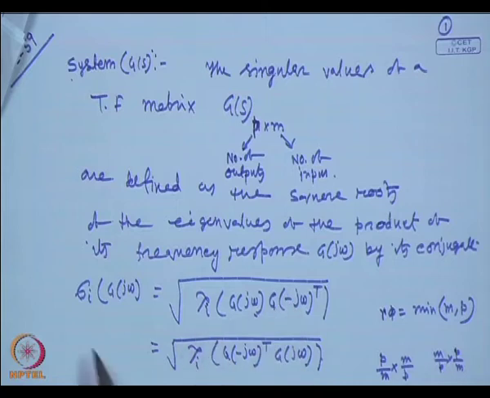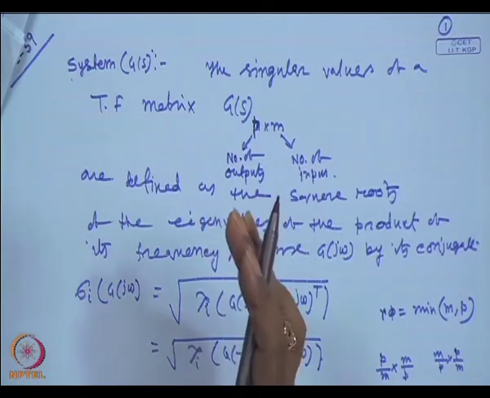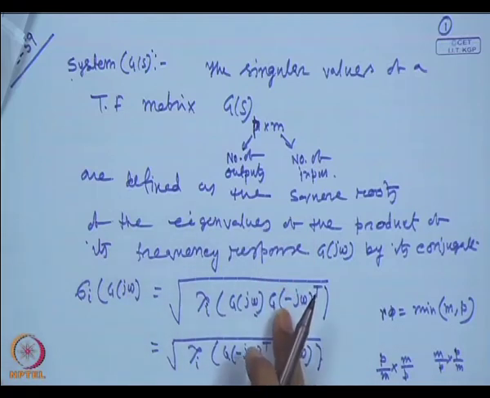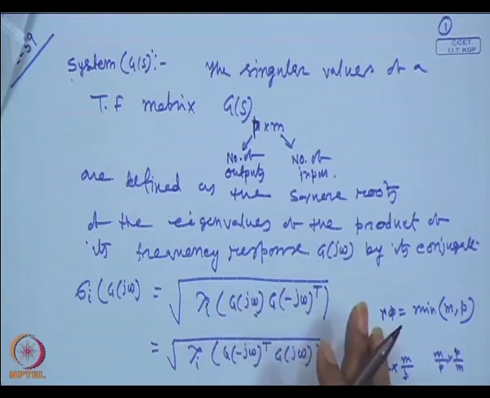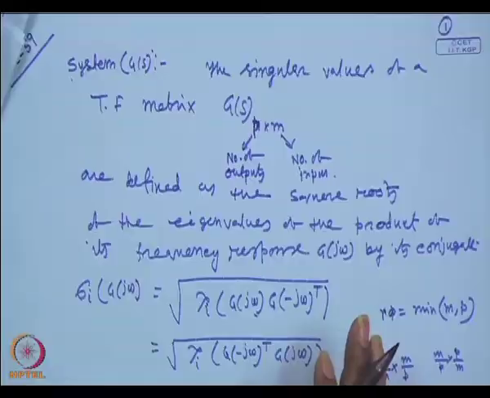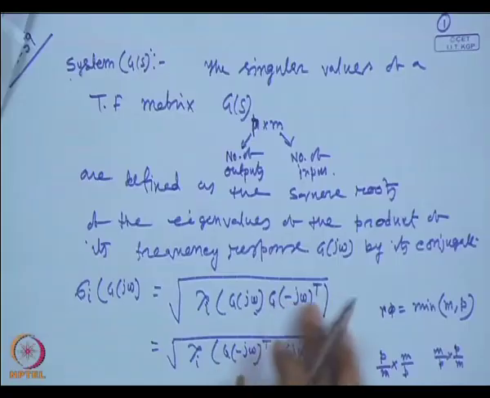So, we can find out the singular values of this one. How? G(s) is a complex rational transfer function matrix, and the rational conjugate of G is also a complex rational transfer function matrix. The product of these will be real.